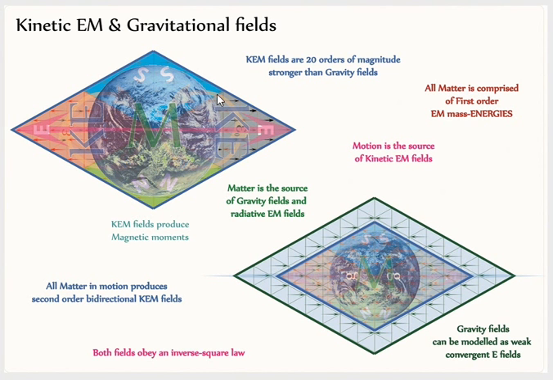Again, highlighting that close to a planet or any atom, the electric field, made up of its kinetic energies and its magnetic moment, as well as its black body radiation, is far stronger than that of its gravitational field.